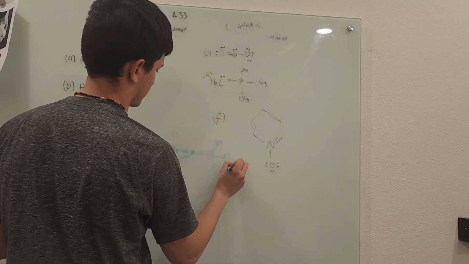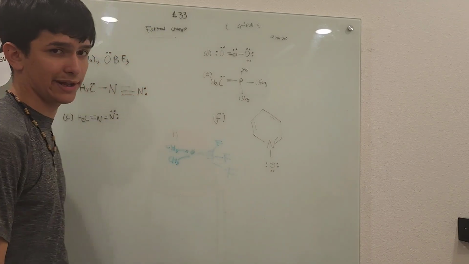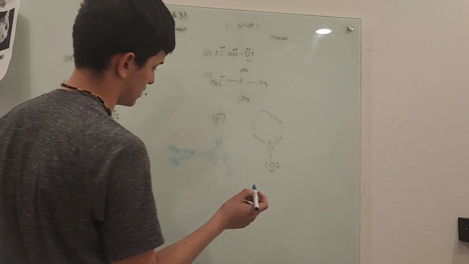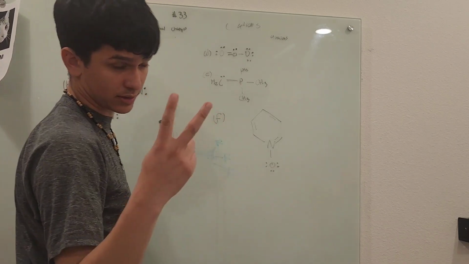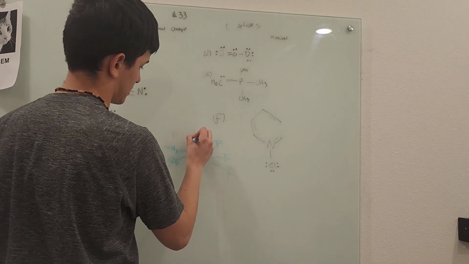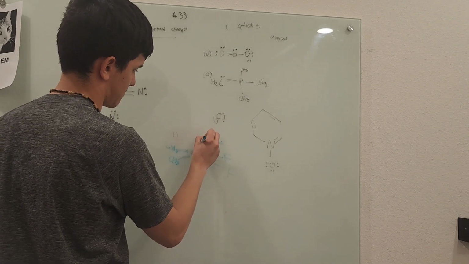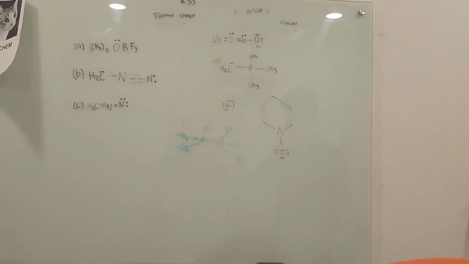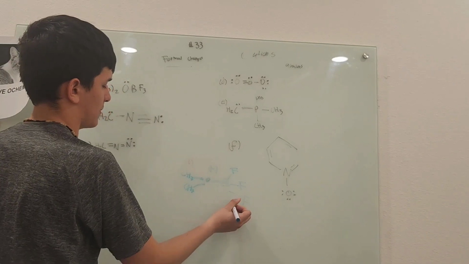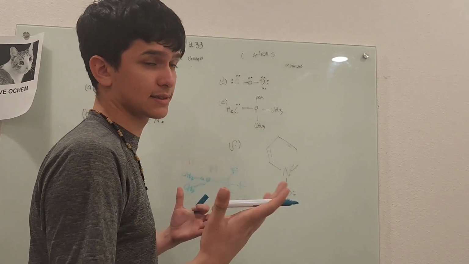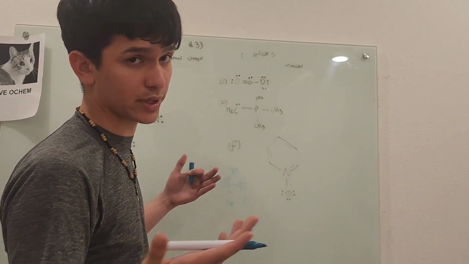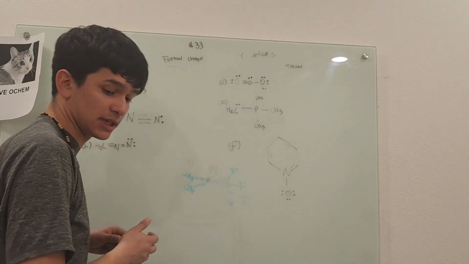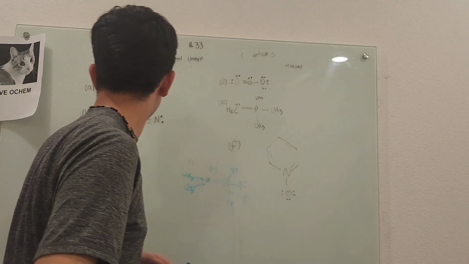So how many bonds does oxygen like to make? From video 1, oxygen likes to make 2 bonds. So we have 1 extra bond, so our charge is going to be plus 1. If it has extra bonds, plus 1. If it's missing, it's minus 1. Simple as that.